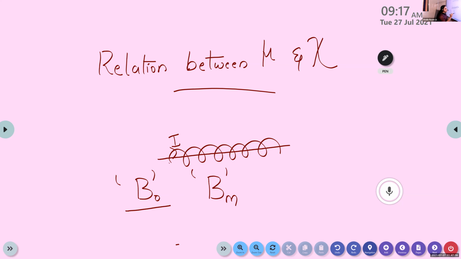This magnetic field, due to the presence of the magnetic material, is Bm.